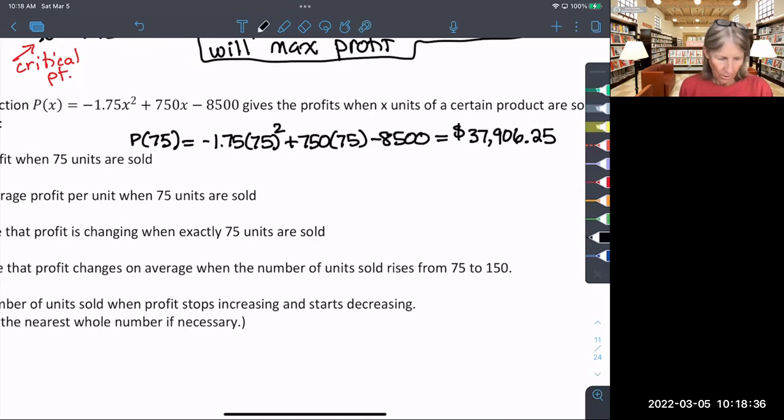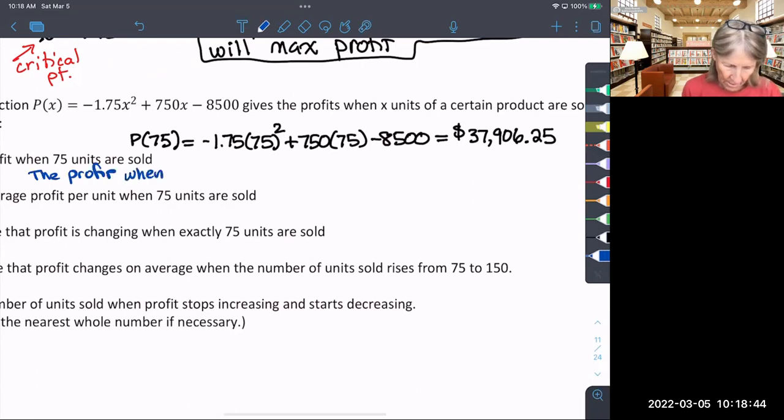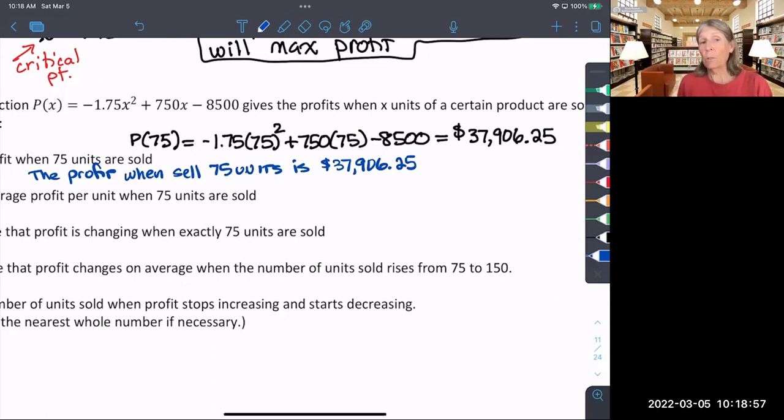I'm going to write a quick little sentence here. The profit when selling 75 units is 37,906.25. I'm expecting those little sentences in your answers.